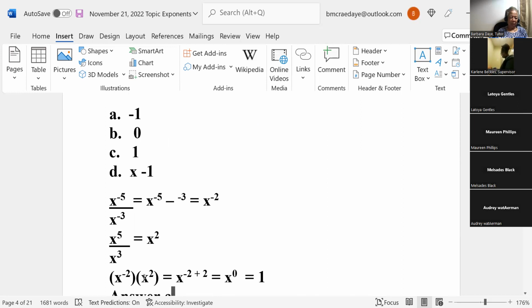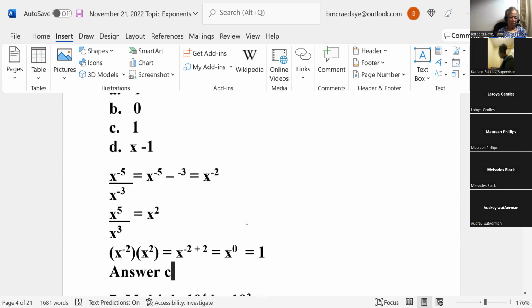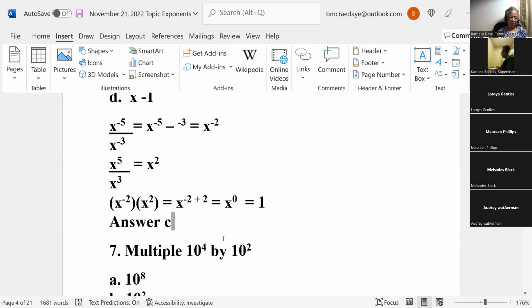And then you multiply the results. Now -2 and +2 gives you 0. Any variable or number or combination to the 0 is equal to 1. So your answer is 1, and the only choice that has 1 is C. So your answer should have been C. And I put B for 6, right? Yeah, you had B.